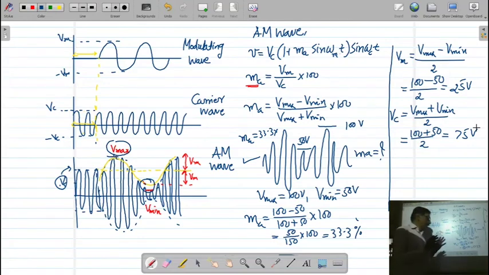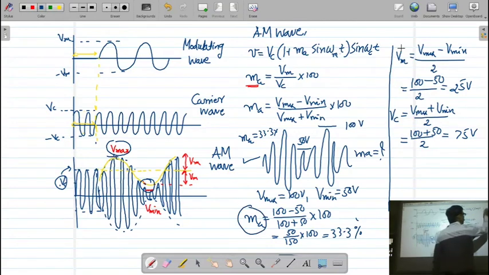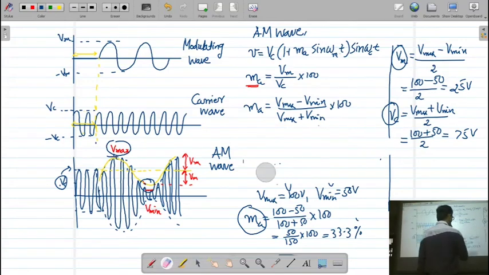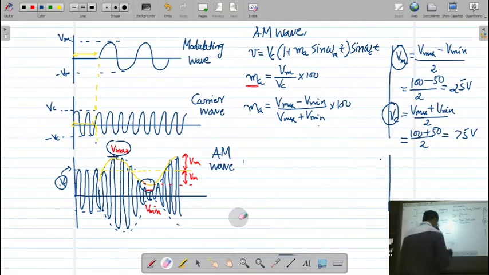So in the same waveform you can calculate modulation index as well as the amplitude of the modulating signal and the amplitude of the carrier signal. Correct? Now look at this another waveform. Suppose the signal is like this.